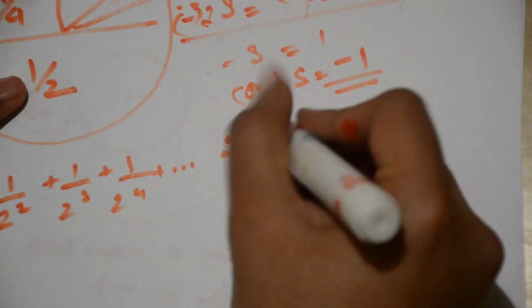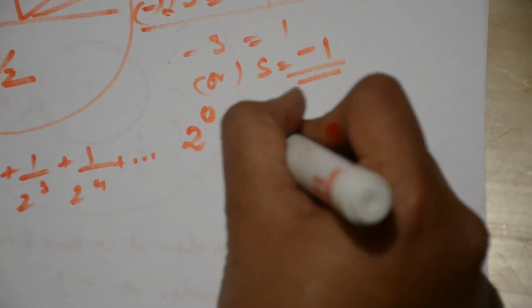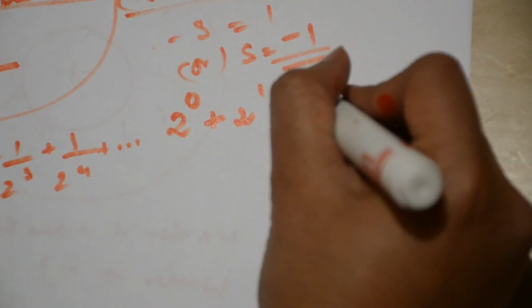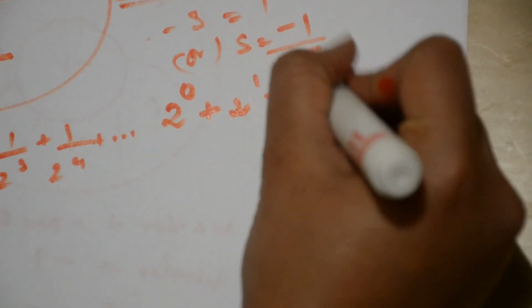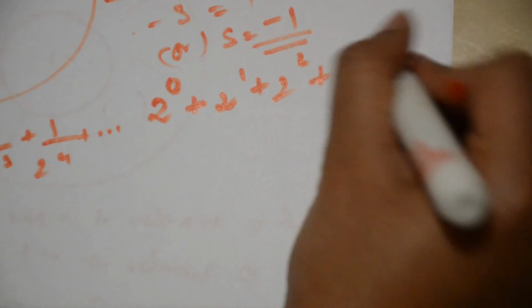1 is 2 power 0, plus 2 is 2 power 1, plus 4 is 2 squared, plus 8 is 2 cubed.